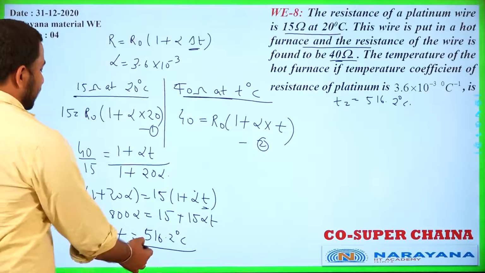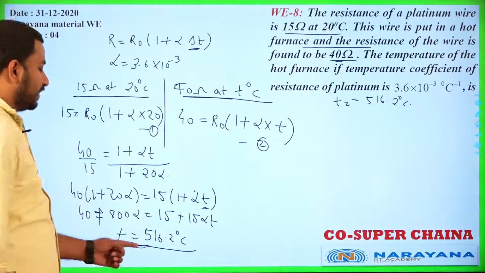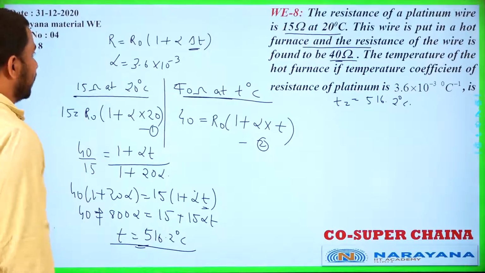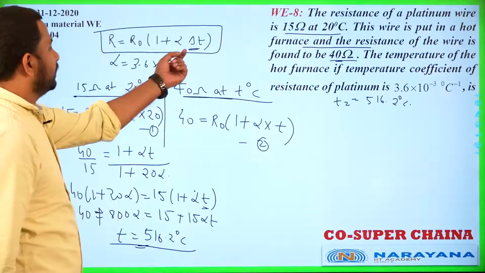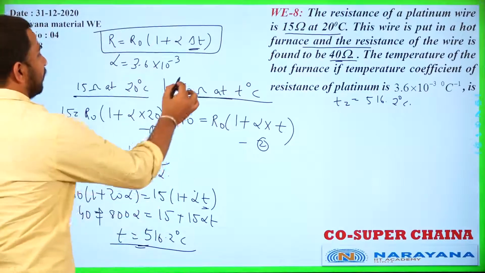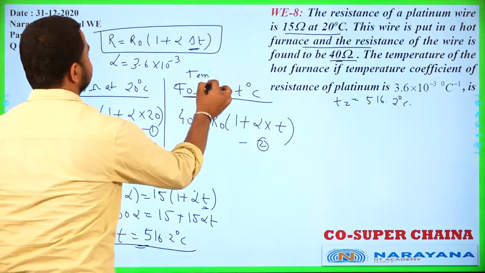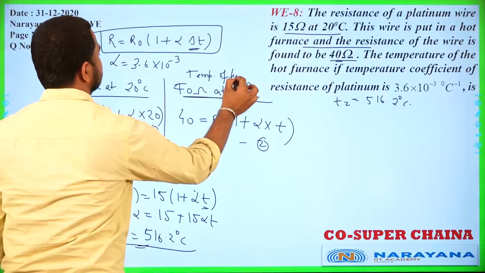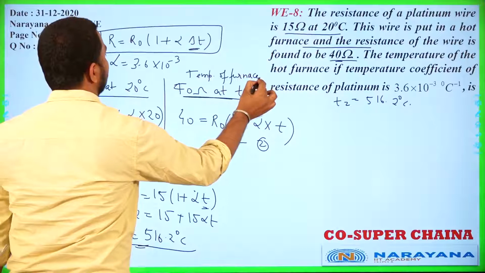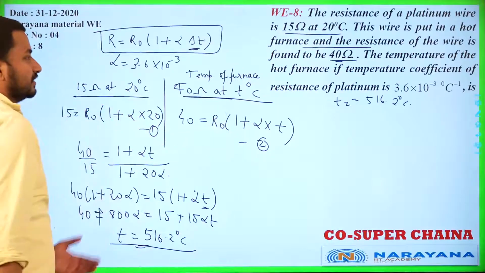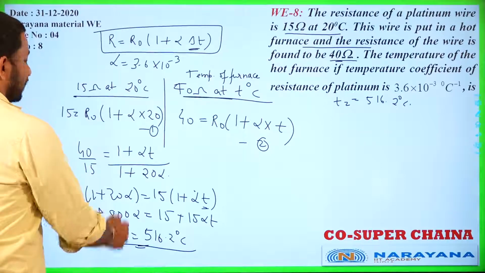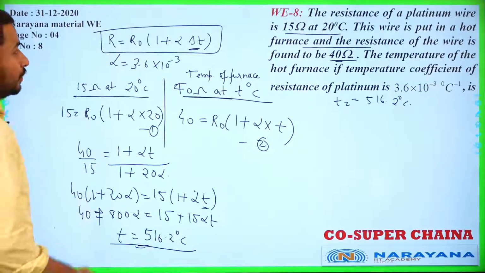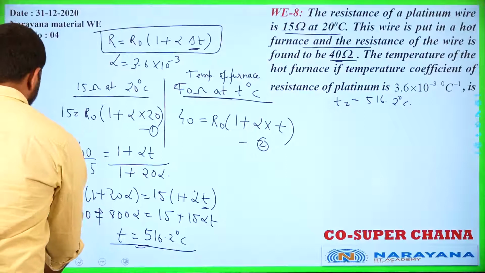So furnace will be at this temperature, 516.2 degrees Celsius. What we have done is use this equation, taking the temperature of the furnace as T degrees Celsius. Just simplify the two equations we got and we'll get the answer. Yes, so let's move to the next question.